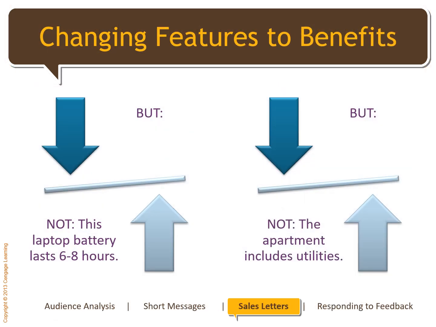A good way of also making a sale, a good way to convince and persuade your readers, your audience, to buy your product or service is that you can change the features to benefits. So one of the features of your product, for example, of your laptop battery, is that it lasts for 6 to 8 hours.